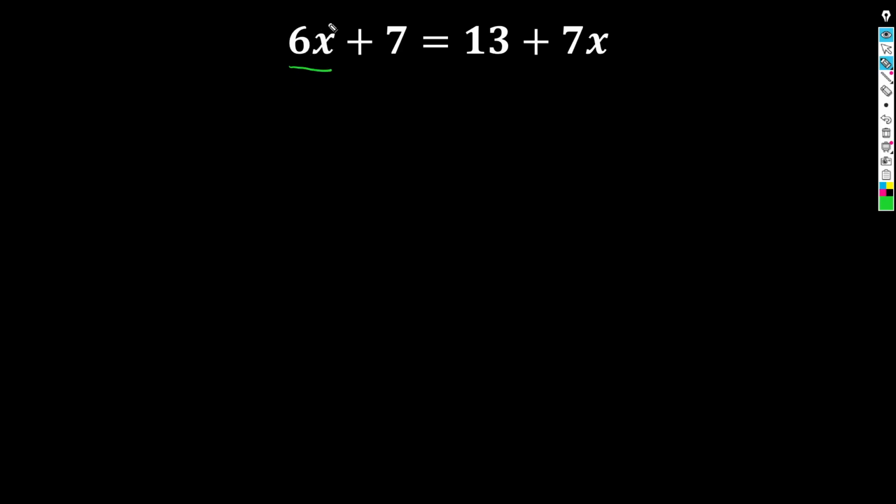Kasi dapat, gusto ko, ang variable term ko mag-end up sa right side. So the 6x on the left, I'd like to eliminate that. On the other hand, si 7 dito, si plus 7, that can stay where it is. Okay na siya dyan. No? Kasi nga, gusto kong mangyari, blank equals x, wherein the blank on the left side will be filled with a real number, if there is one, a real number solution.